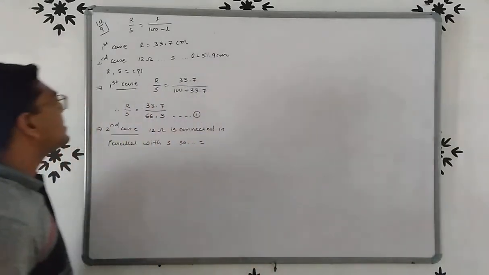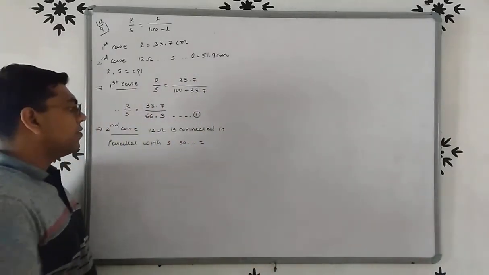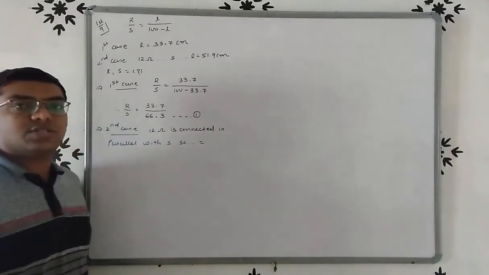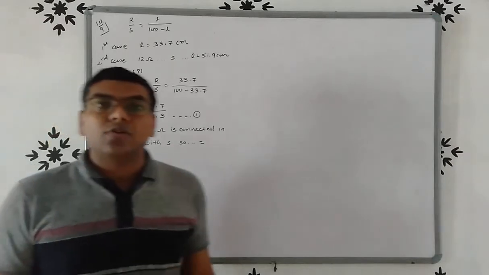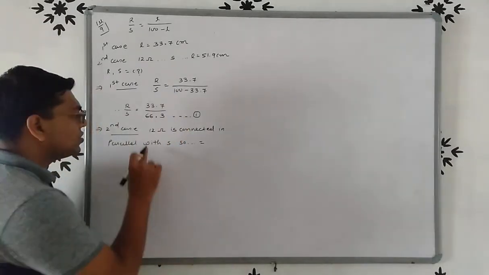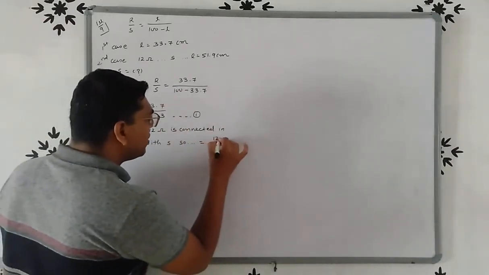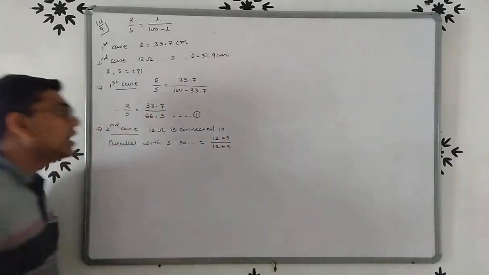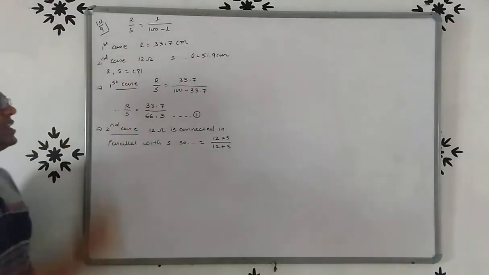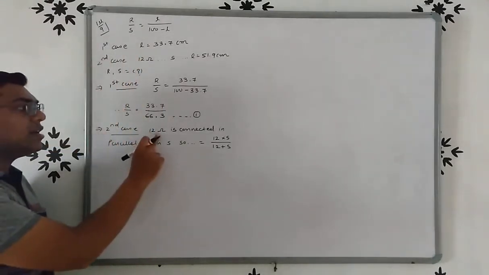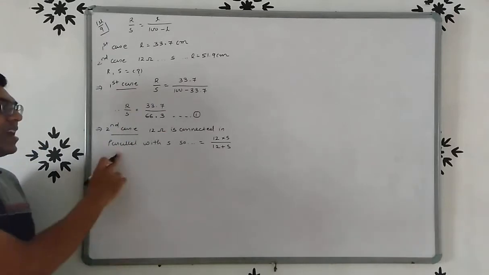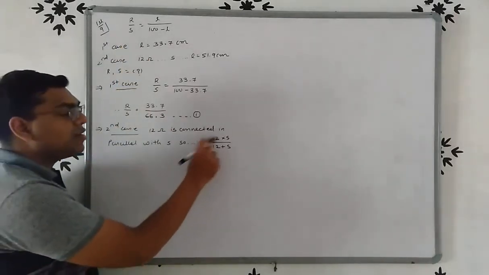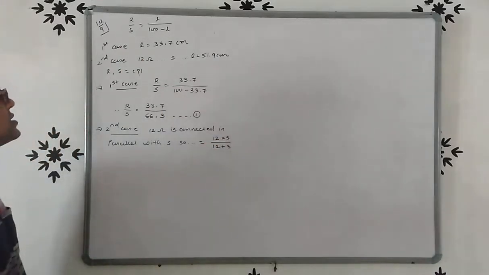The new resistance when 12 ohm is connected in parallel with S: equivalent resistance is R1 R2 upon R1 plus R2. So R1 is 12 into R2, S, upon 12 plus S, right? So instead of S, the resistance will be 12S upon 12 plus S.